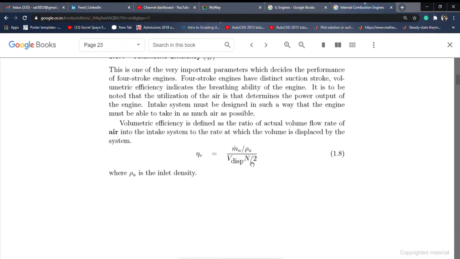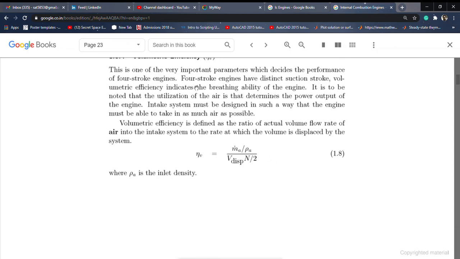Why is it divided by 2? Because in two revolutions there is only one suction stroke. If you take the example of a four stroke engine, there are a total of four strokes, out of which only one is the suction stroke, okay.